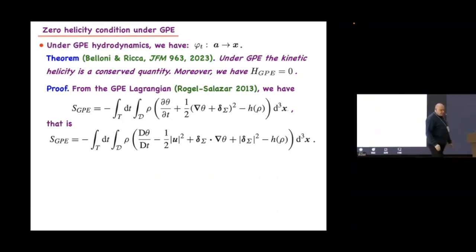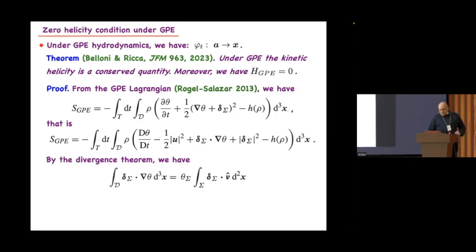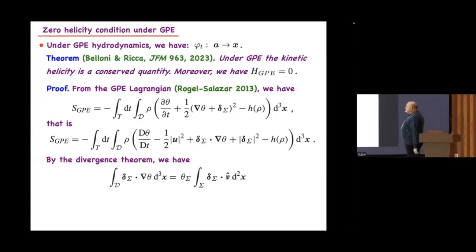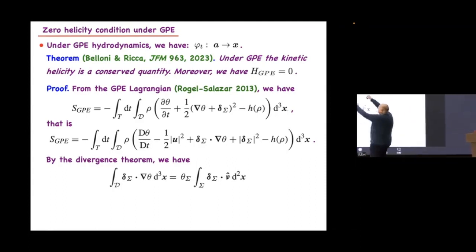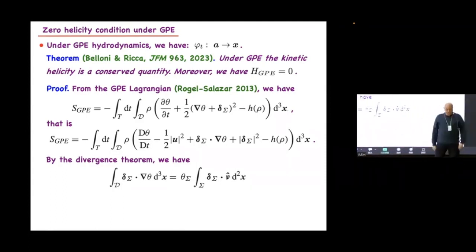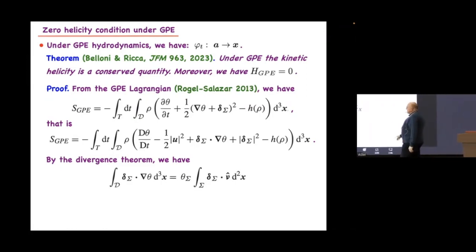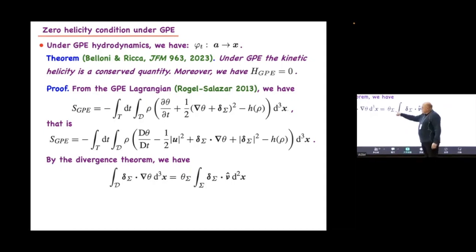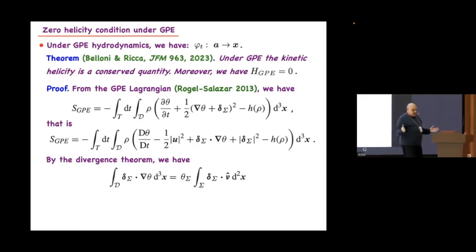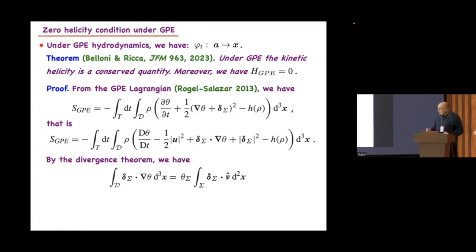And what you can prove is the following. As regards the first term, you can use the divergence theorem for this term here, and you reduce it to this. And this is just the expression that you get for a theta that is considered on sigma. But sigma, the cut surface, is any isophase surface, so it is constant with respect to time and space.